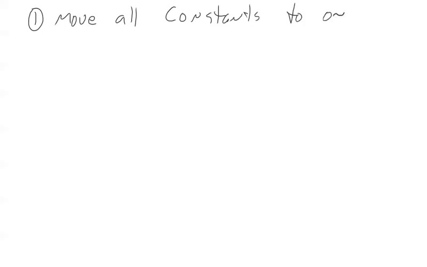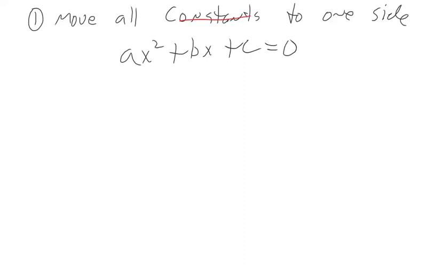to one side. And remember the quadratic equation is ax squared plus bx plus c equals 0. Well, c, oops, I didn't mean to cross that out, I meant to underline it. Constants. C is the constant. So basically step 1 is telling me to move c to the other side.